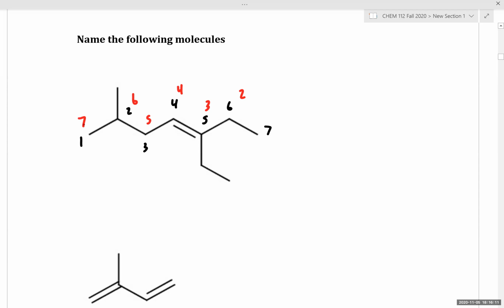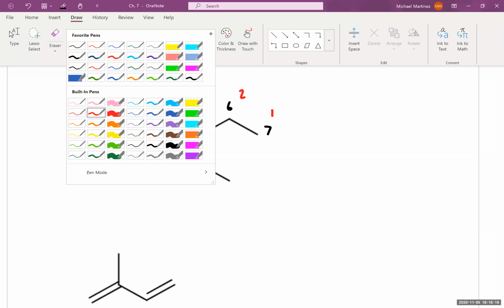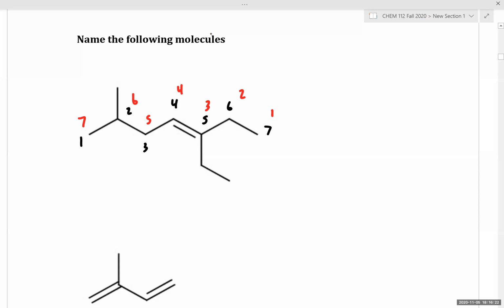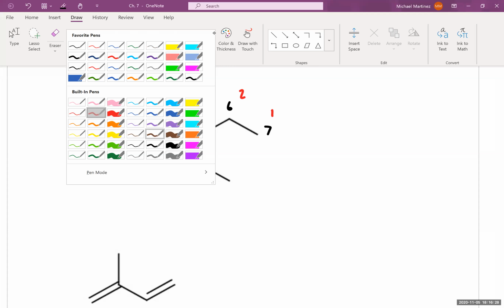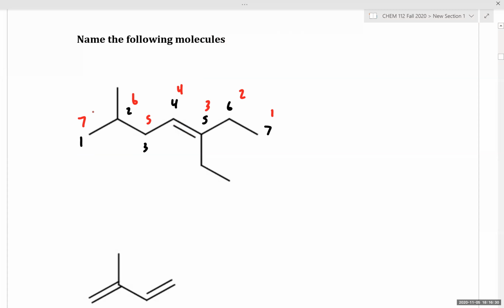Okay, so looking at these methods, which counting method gives us the lowest locant number for our alkene? The counting method in red or the counting method in black? Which method gives us the lowest locant number for our alkene?